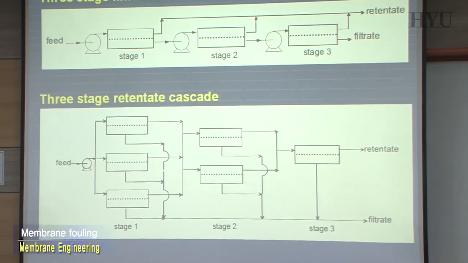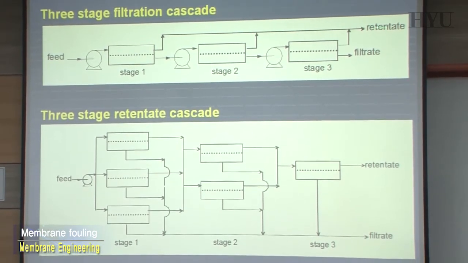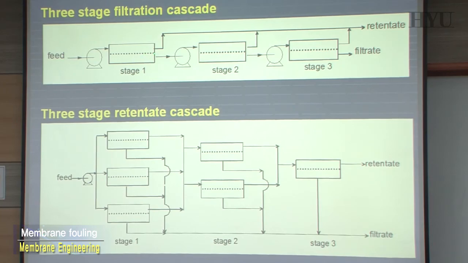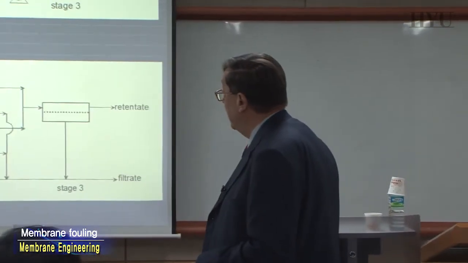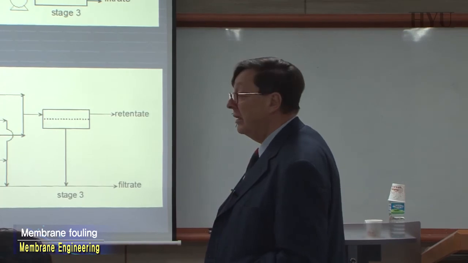This concentrate can go together with the other one as a retentate, but we can also just have in the same line the concentrate from stage 2, the concentrate from stage 3. So at the end you have 3 steps in series, a filtrate and 1 retentate. Or we can have a cascade. You can have in parallel 3 modules, 2 modules, 1 module. Again, you can collect all the retentate and all the filtrate. And these are only some of the possible configurations, and you can have much more than this.